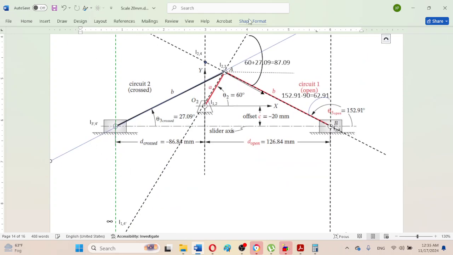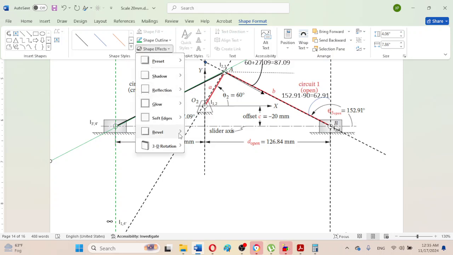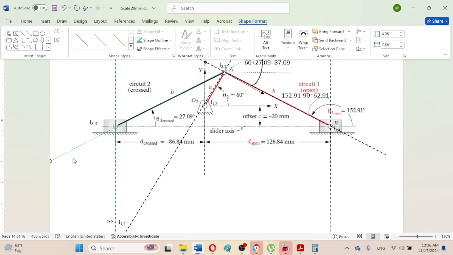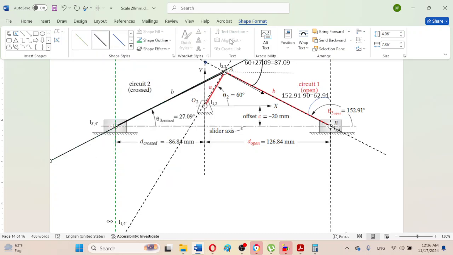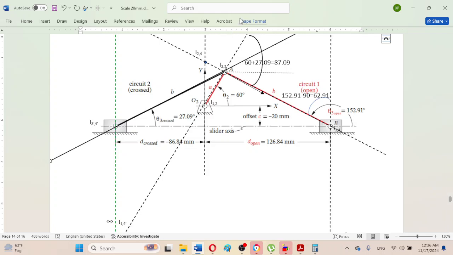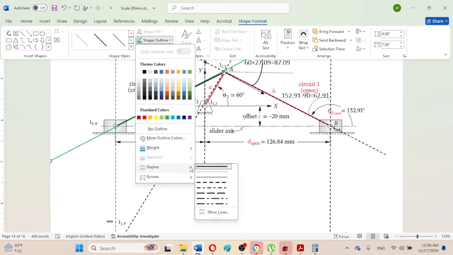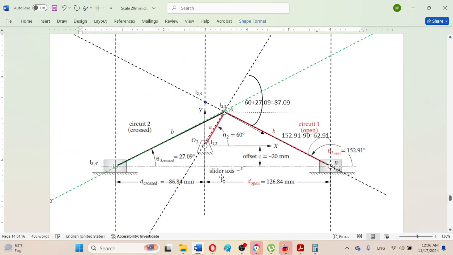Again go to shape format and change its color to green just to distinguish it, and make it a dash pattern and a bit bold. Once again change the color to green and its dashed pattern here like this. As we can observe there may be slight variation.